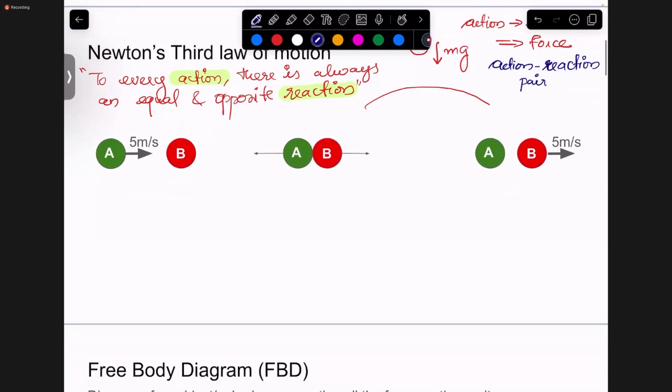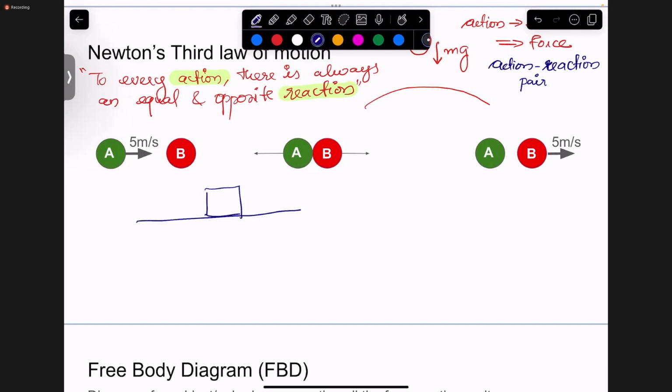Another misconception is: if the two forces always occur simultaneously and are equal in magnitude and opposite in direction, then why are they not cancelling? It's because, see, there is this block which is kept on the ground.